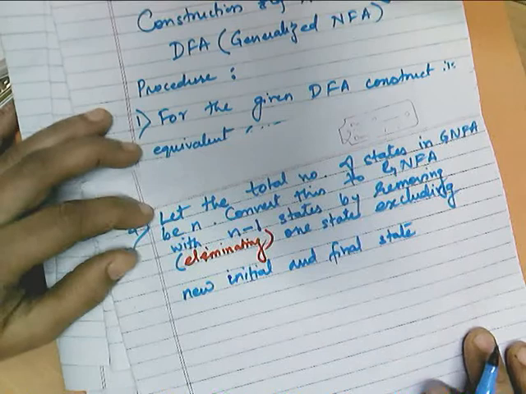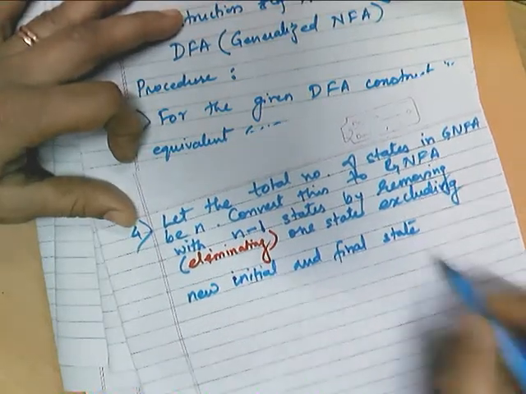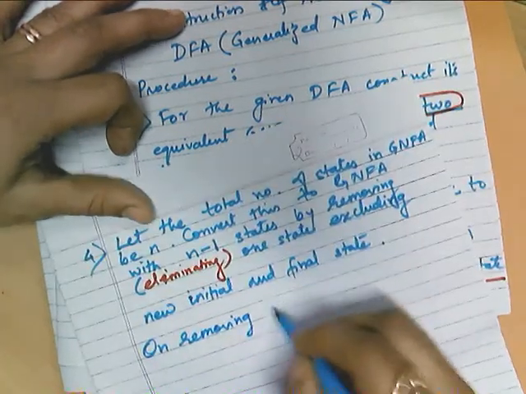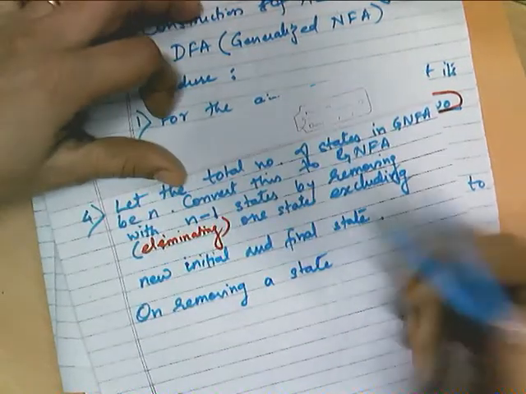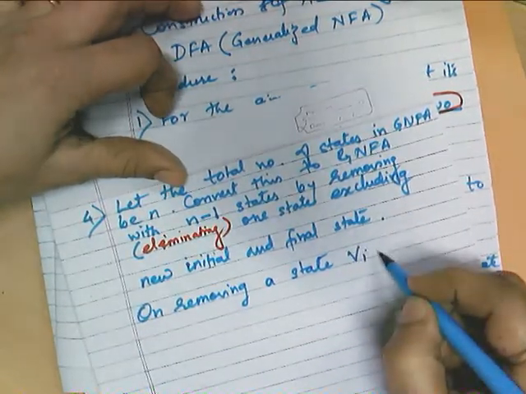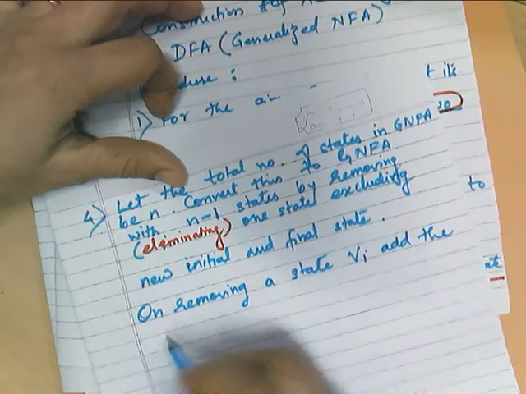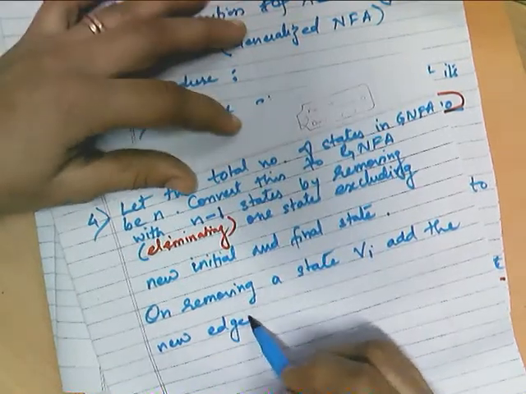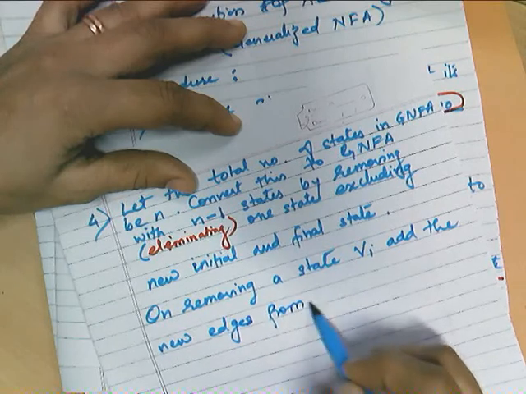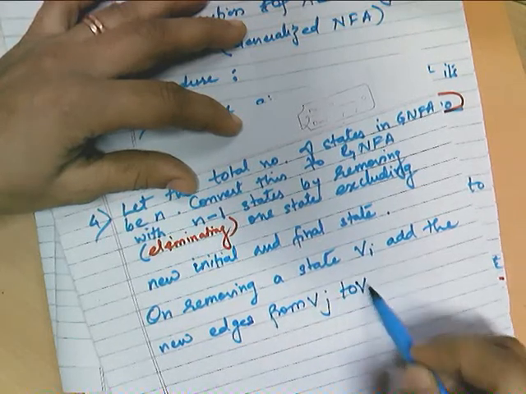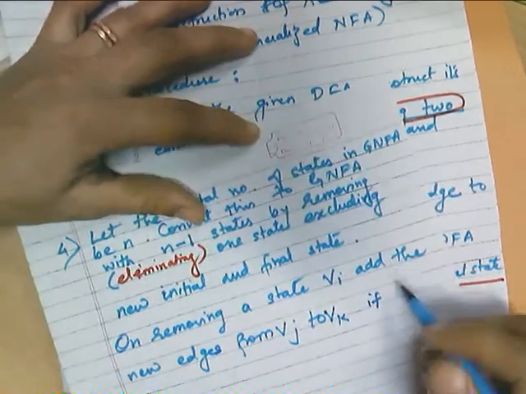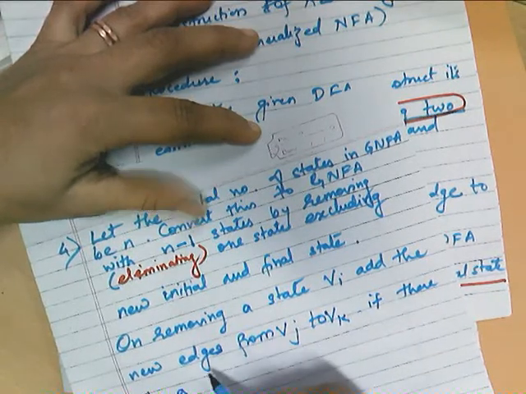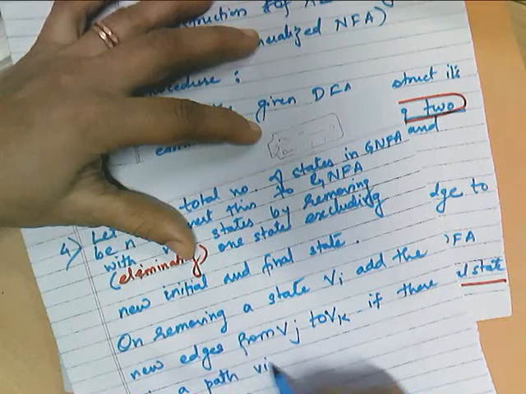Okay, so on removing, what will happen? On removing a state Vi, add the new edge or edges from Vj to Vk if there is a path via Vi.